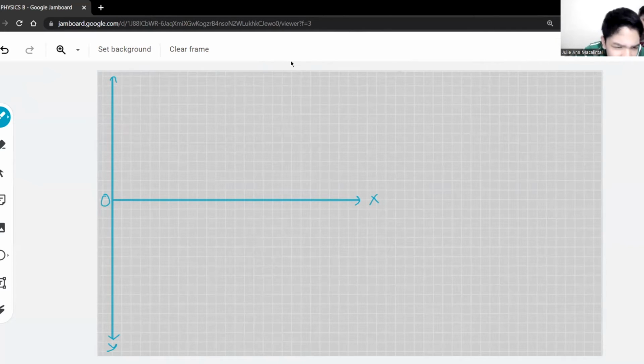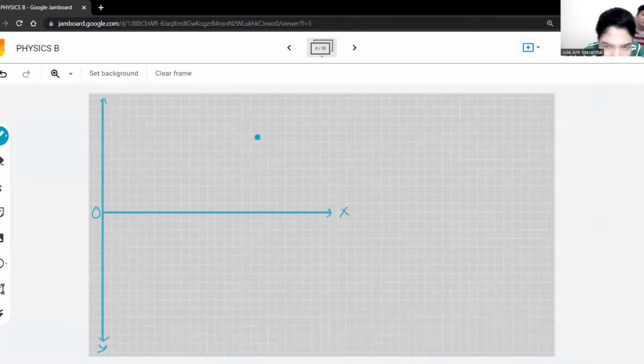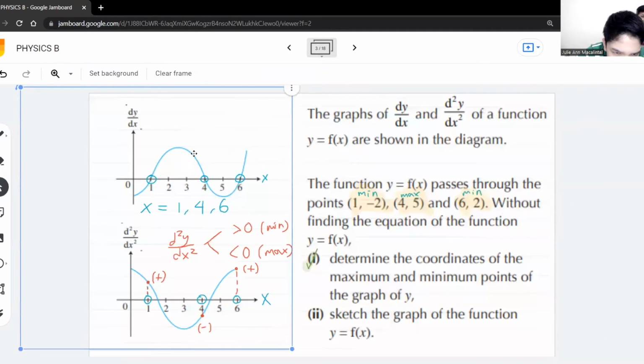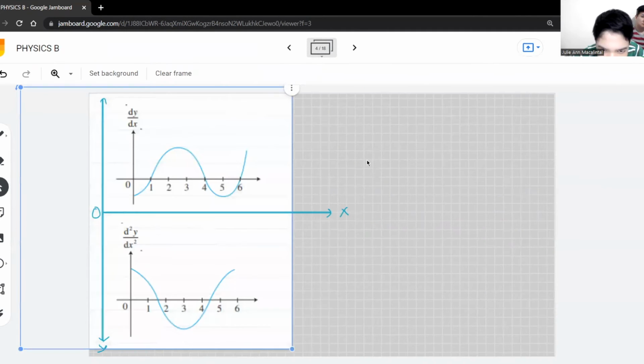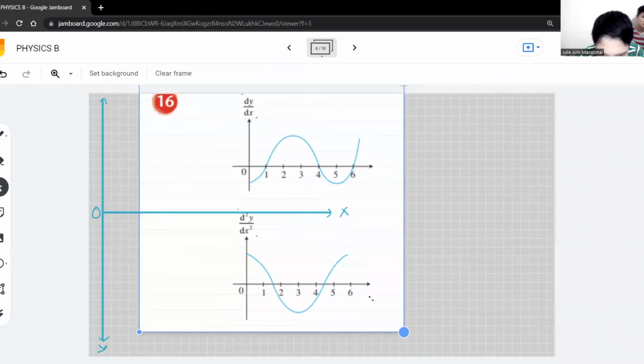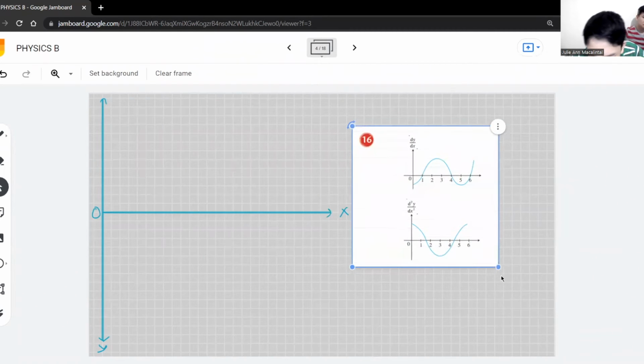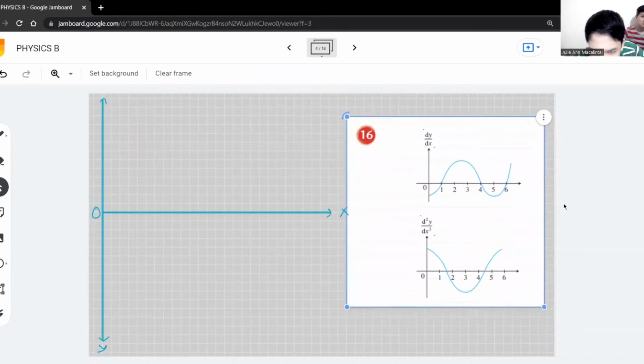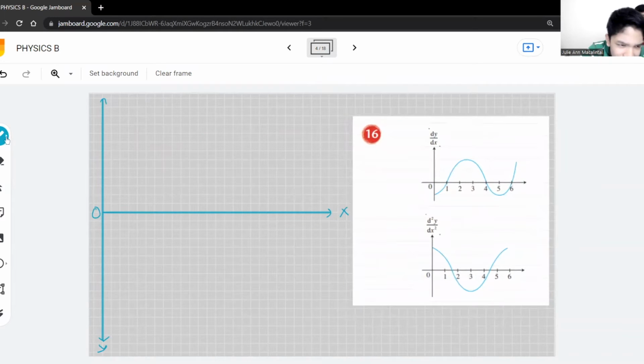You can put the other graphs on the right side if you want. This will be used as a reference. We now set the scale, where the significant points are from 0 to 6.